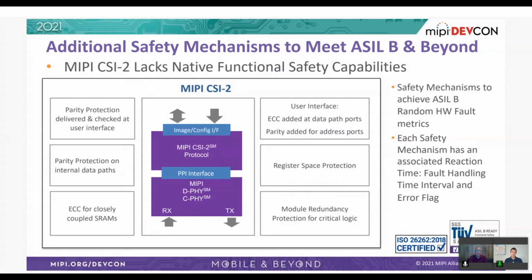If you look at these buffers and FIFOs that you need to implement the protocol, you need to make sure that you have ECC protection on those memories. The register space protection is also extremely important. The last thing you want is to have one of the bits flipping and changing the operation of the interface. And so you definitely need to look into having robustness to the register space.